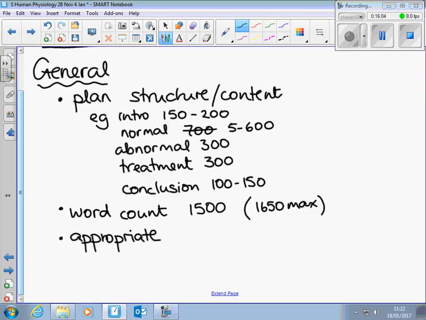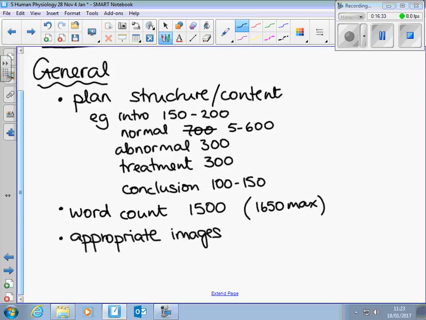All right, so appropriate images. Use a variety of them. Use graphs for statistics, flow charts to show a control mechanism, images perhaps of the cells in the pancreas perhaps. Try and illustrate different aspects of your account with appropriate diagrams.